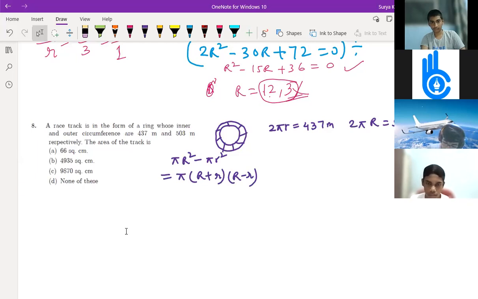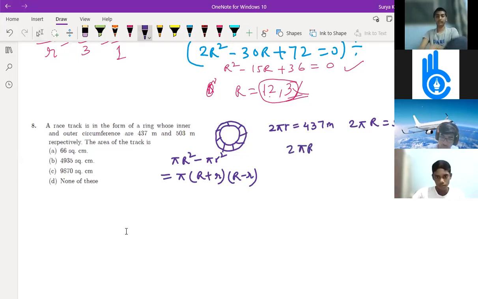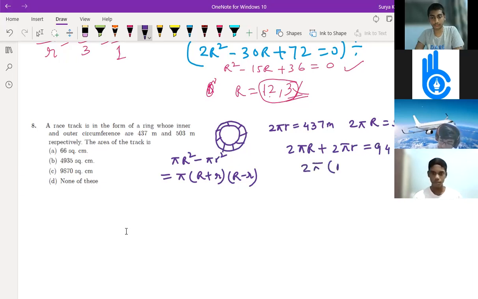So if I add 2 pi R plus 2 pi small r, what do I get? 437 plus 503, we get 940. 2 pi common, R plus r is equal to 940 divided by 2 pi.